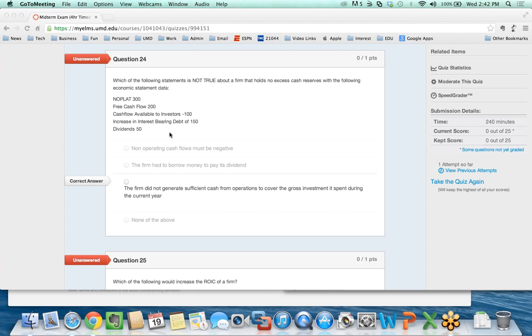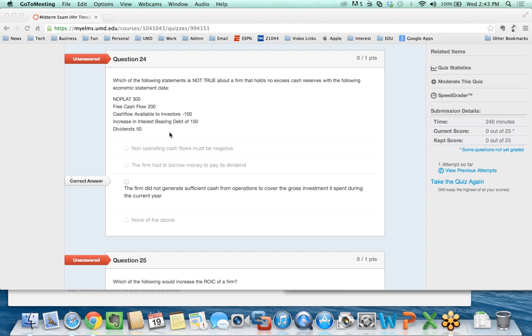For question 24, which of the following statements is not true about a firm that holds no excess cash reserves with the following economic statement data? Positive NOPLAT of 300, positive free cash flow of 200, CFI, cash flow available to investors, negative 100. They increased their interest-bearing debt by 150 and they paid dividends of 50.